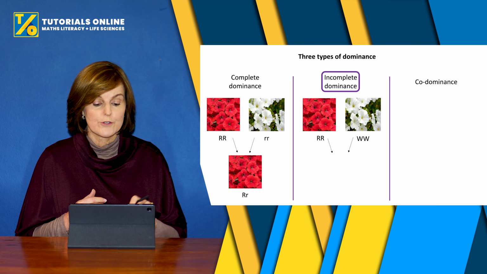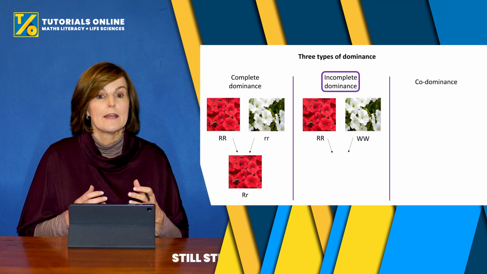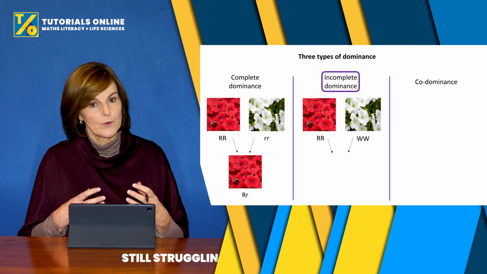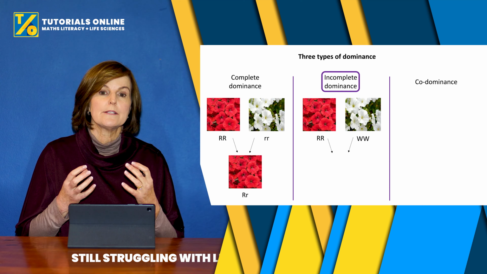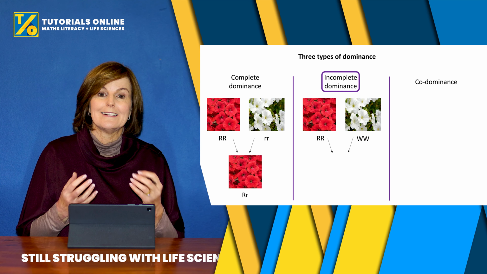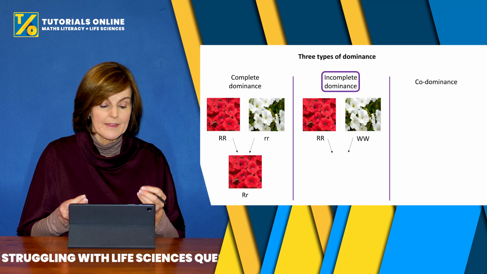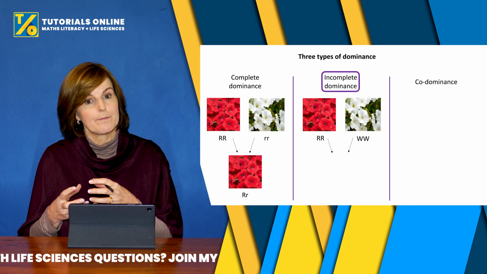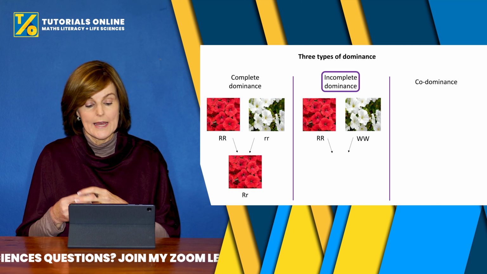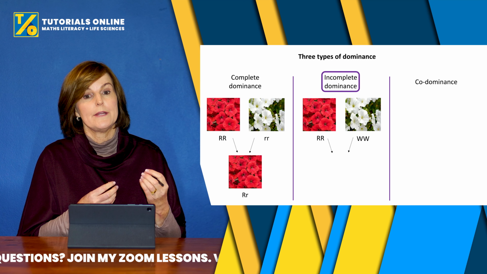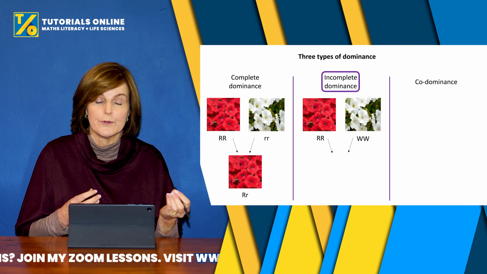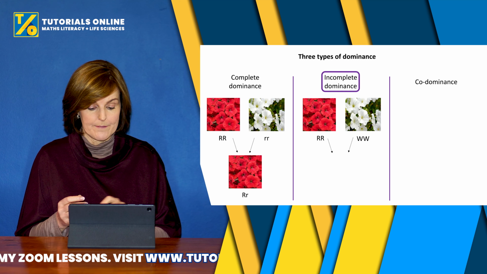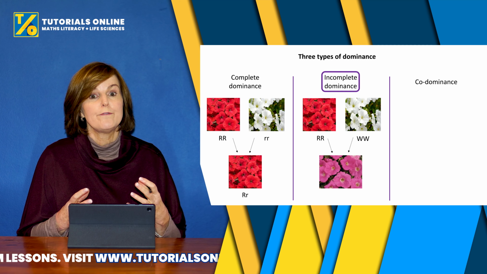But then if we go on to incomplete dominance, if you get a question about that, then it means that neither allele is dominant. Then you might have homozygous parents that are capital letter R for the red flower, and for the white flower, it'll be capital W. If you cross them, then you'd end up with a new phenotype.